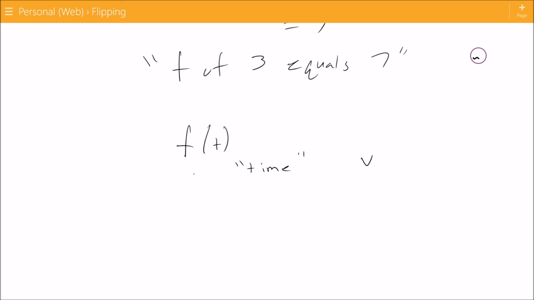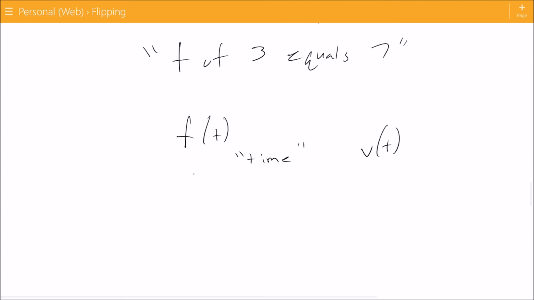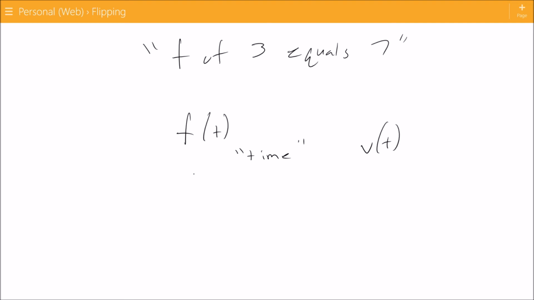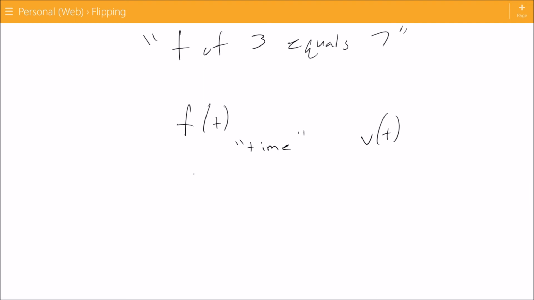Speaking of physics, you could also see something like v of t. This is still a function. V, you might be talking about velocity. T, you could be talking about, again, time. So velocity over time: when you plug in a certain time, what is your given velocity in a certain direction there? That's it. There is no multiplication going on there.